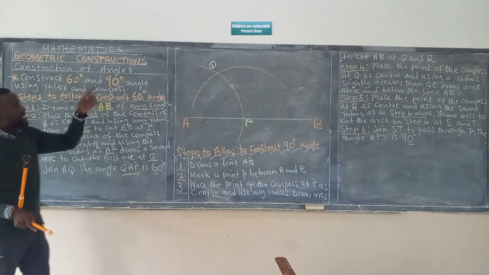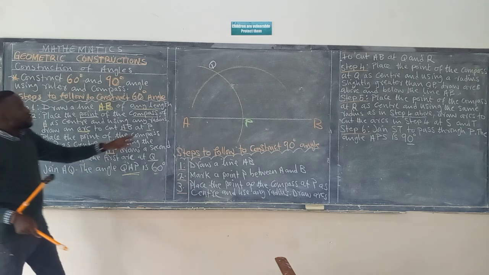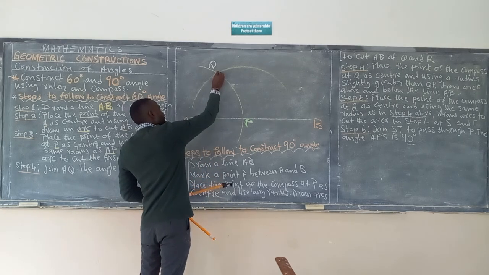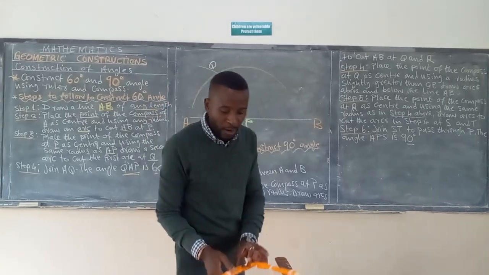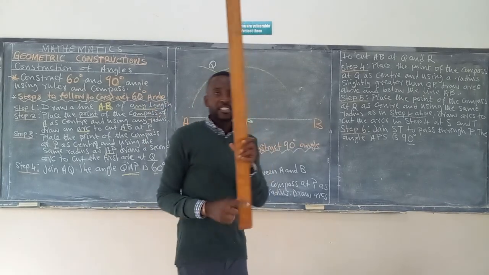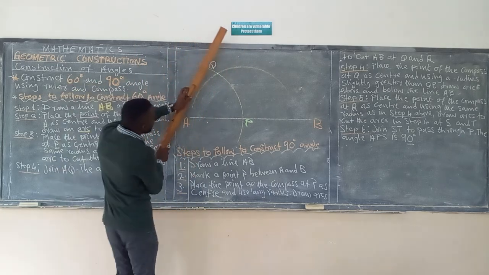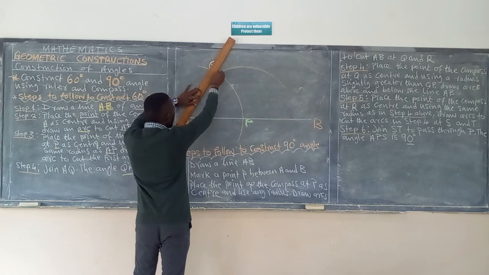Once you have drawn point Q, now join AQ. AQ is exactly where the line and arc are meeting there. So get your ruler, a 30 centimeter ruler. Put it where A is here, and Q is there.